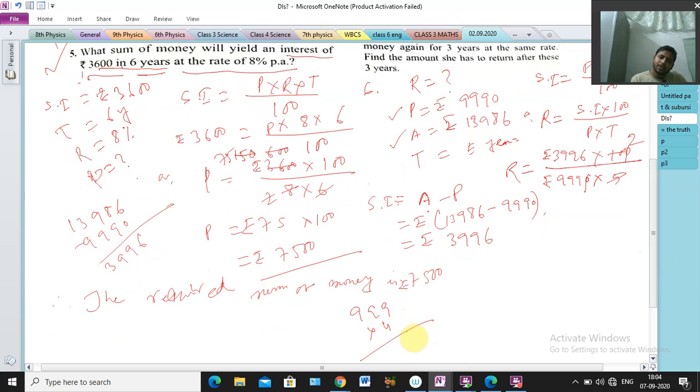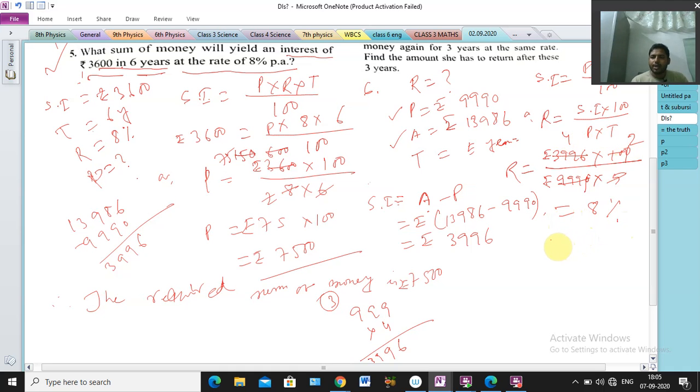If we do multiplication by 4, what do you get, sir? 4 9 is 36, 6, 3 carry, 4 9 is 36, 36 plus 3 39, 9, 3 carry again, 4 9 is 36, 36 plus 3 39, means 3,996. Yes, that means 999 4 is 3,996. So that means we are getting 4 and there 2. So 4 2 is what, sir? 4 2 is 8. That means 8% we are getting.